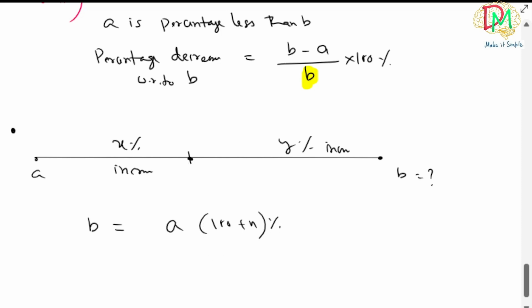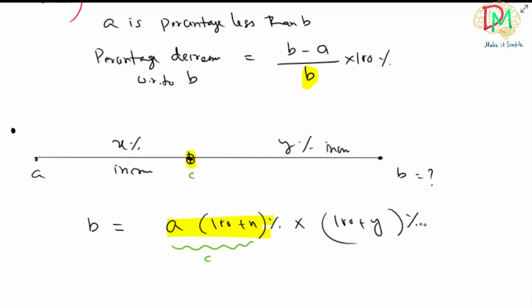After the first increase we get this value, let's call it C. Again we multiply this value with the percentage increase for the second part, that is 100 plus y percentage.